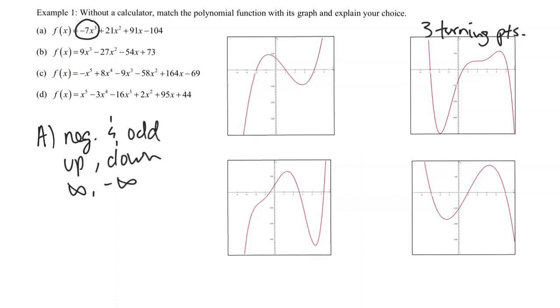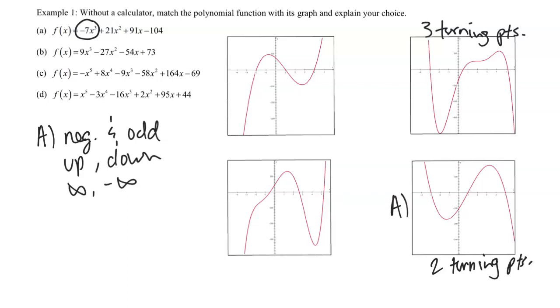It is only degree 3. And so that means it cannot be that top graph. It's got to be this bottom graph, because the bottom graph has only 2 turning points. And since it only has 2 turning points, that means it has to be at least degree 3, and that's what letter A is. And so this graph corresponds to letter A.